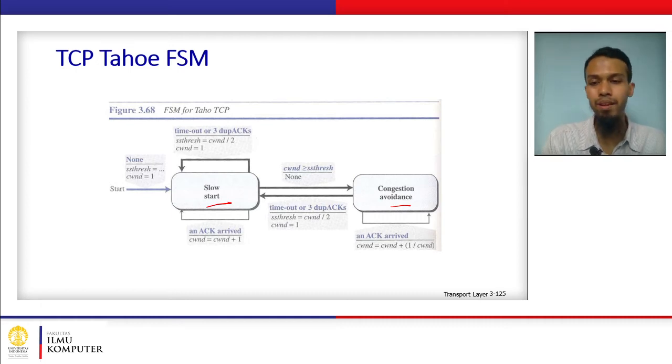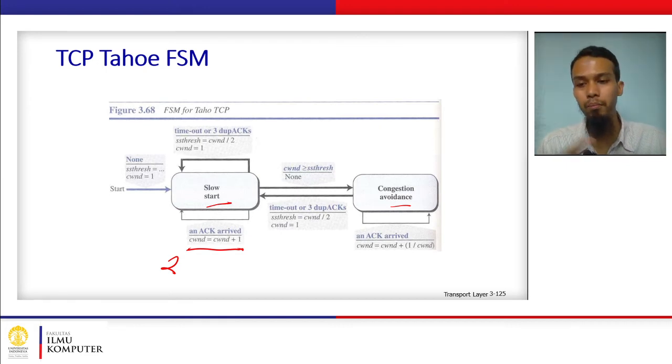Actually, if you read this, it looks as if it grows linearly, but this is calculated per segment sent. For example, if the current window is only one segment, then one plus one equals 2, and then with the next segments, each segment will be added by 1.